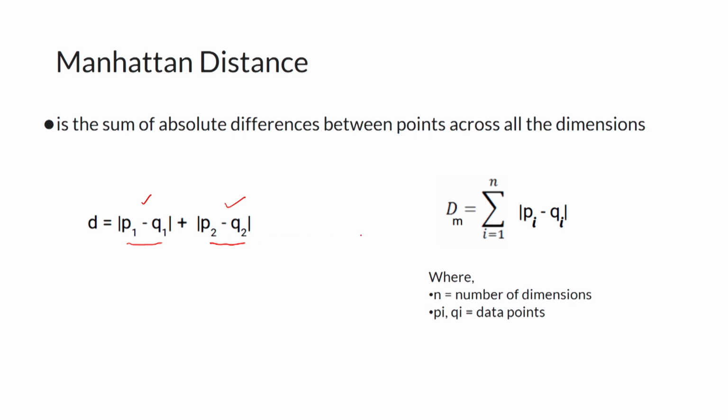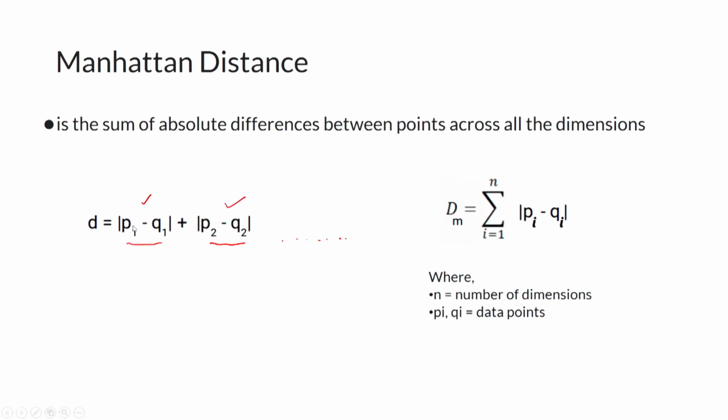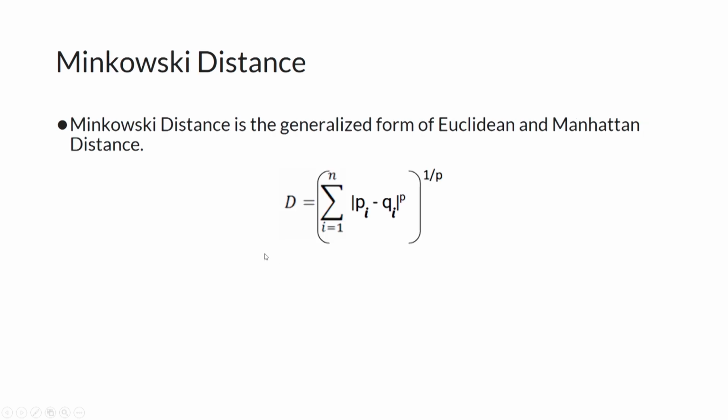If it is an n-dimensional data set, we will have n terms. So, you see the difference between Euclidean and Manhattan distance. Here we take the square of the differences and finally the square root. There we take the absolute difference, without squaring and without the square root. This is the main difference.